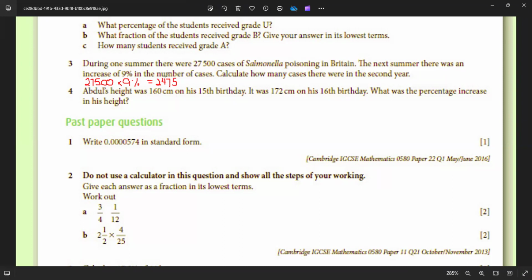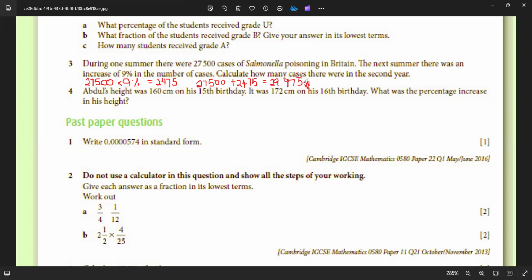Then we'll take the number of cases increase, sum with the past year cases, which is 27,500, plus 2,475, and we'll get 29,975. So this is the answer.